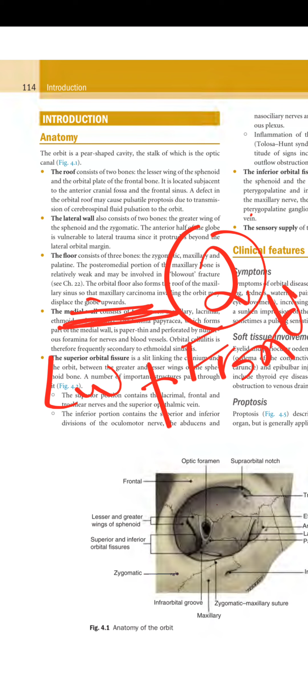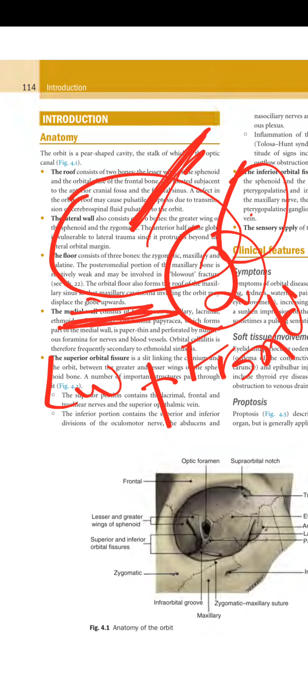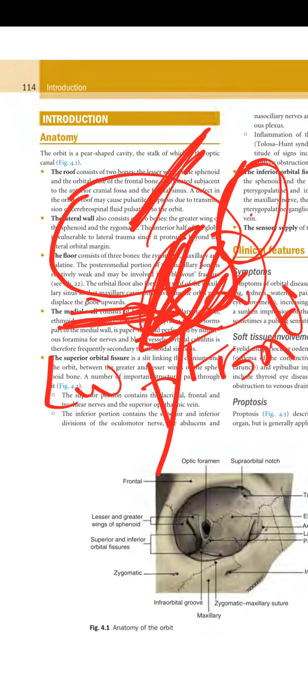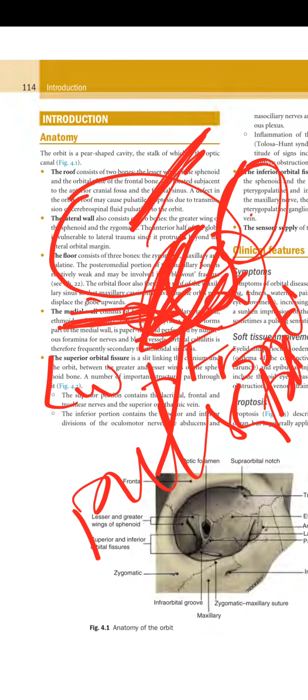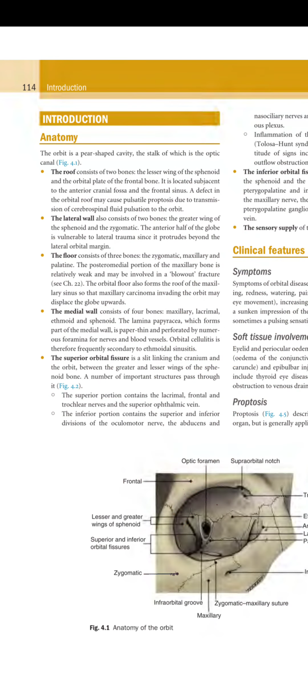Above the roof is basically the anterior cranial fossa and the frontal sinus. Whenever there is a defect in the roof, it transmits the cerebrospinal fluid pulsation through the roof, and it causes pulsatile proptosis, and it is very common in cases like encephalocele.